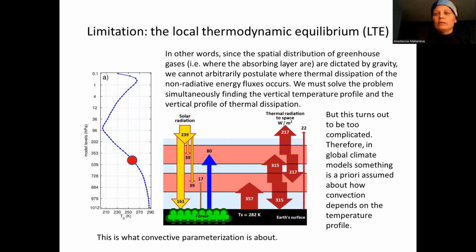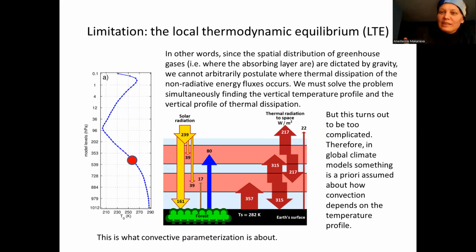If the temperature diminishes very rapidly with altitude, then an air parcel which incidentally rises in this atmosphere will be warmer than its surroundings, and there will be strong convection. And this convection will partially equalize this temperature gradient and make it smaller.